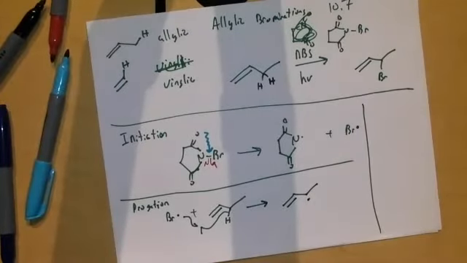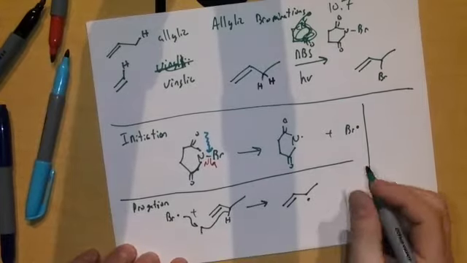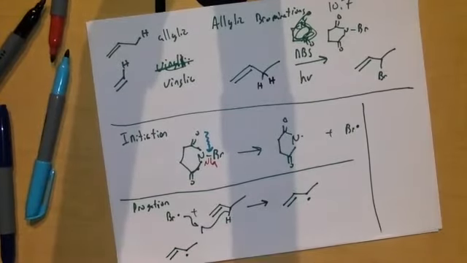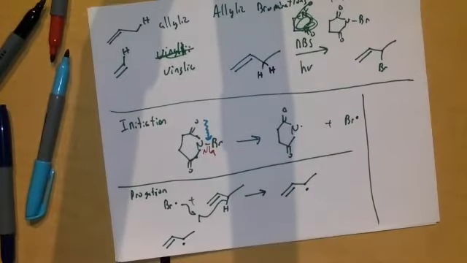This is going to give us this allylic radical here, which has resonance, and I'll talk about that a little bit later. But essentially, this here is now going to react with something a little bit different.